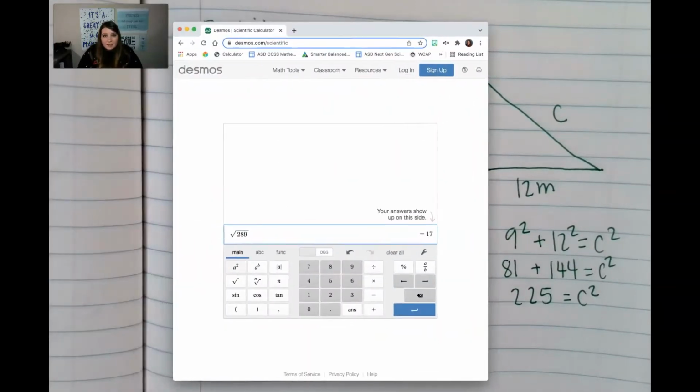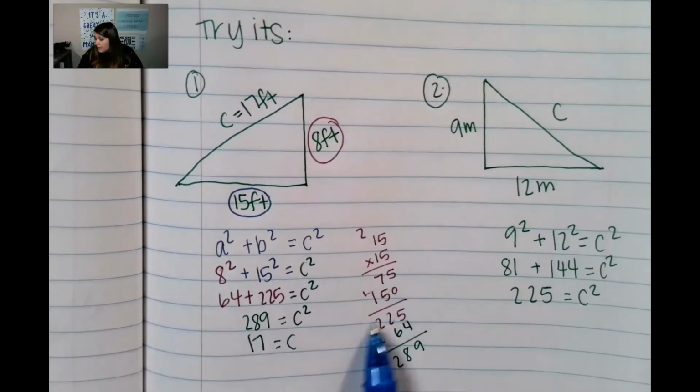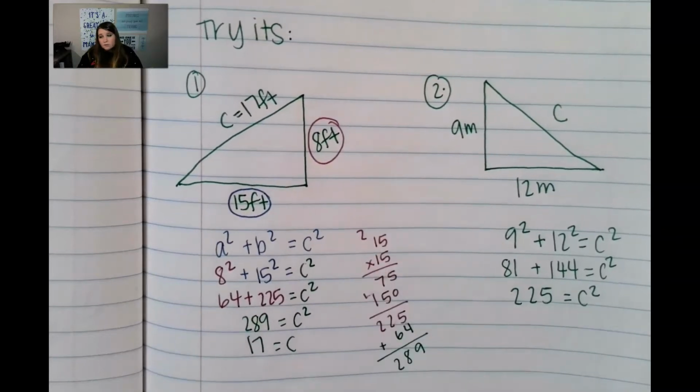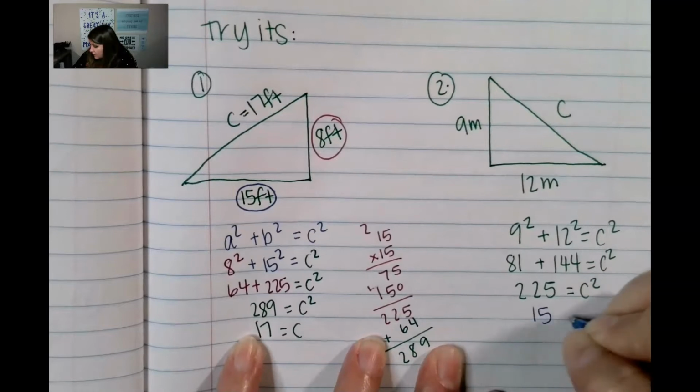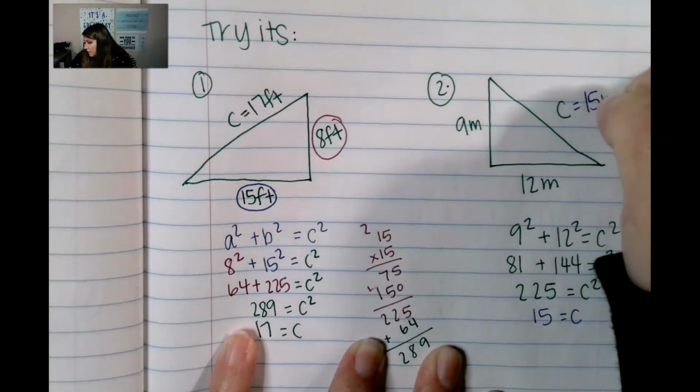Let's use this handy calculator again to help us. Okay, I want to clear it. So we want the square root of 225. And that gives us an answer of 15, which we already knew. Remember, we got 225 before, and that was from multiplying 15 times 15. So our answer is 15 is equal to C, or 15 meters.